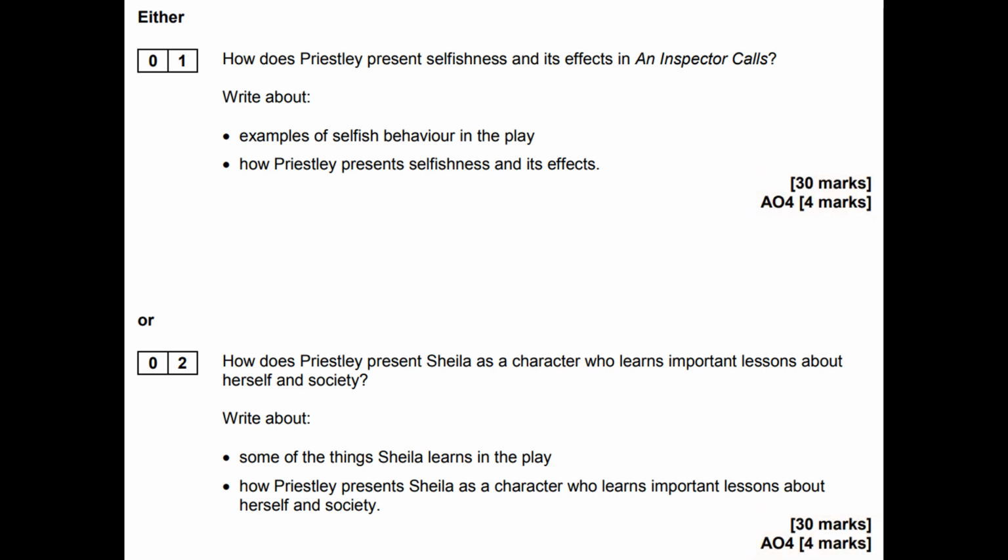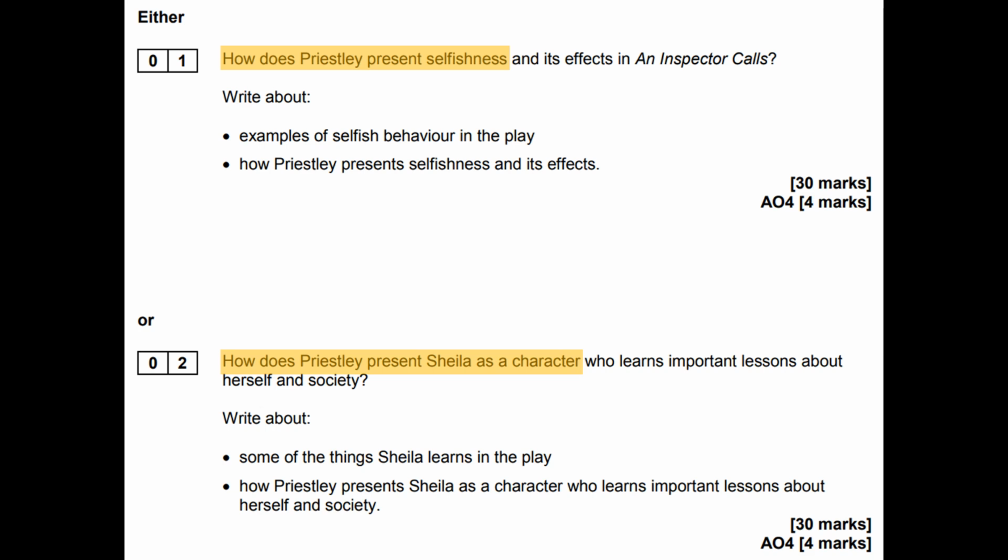Whilst not 100% guaranteed, you can expect a question focused on a character from the play, and another question which mentions a key theme or idea. In the example questions, Sheila is the subject of a task, whilst the other question is on the theme of selfishness. However, if you're writing about a character, you should still be discussing themes and vice versa.